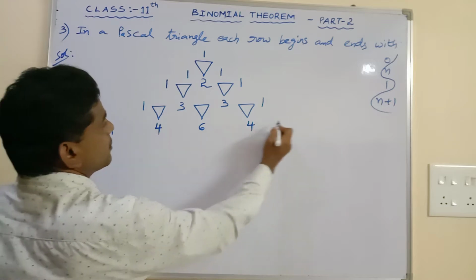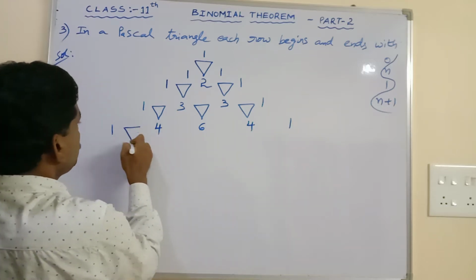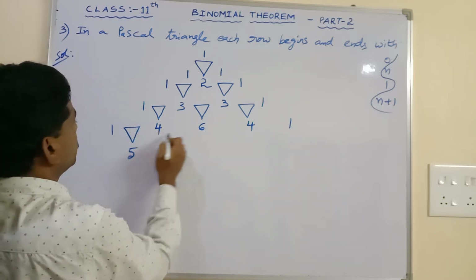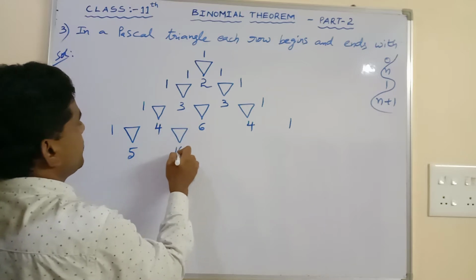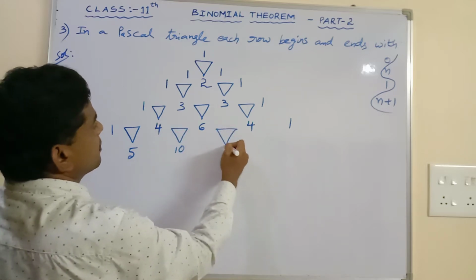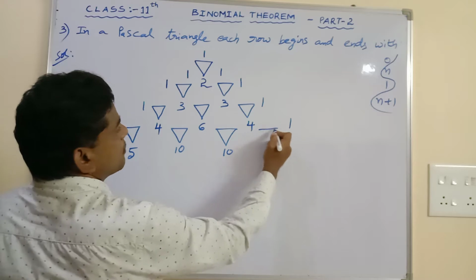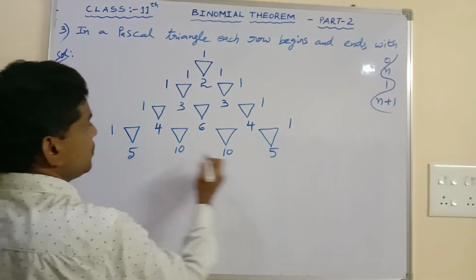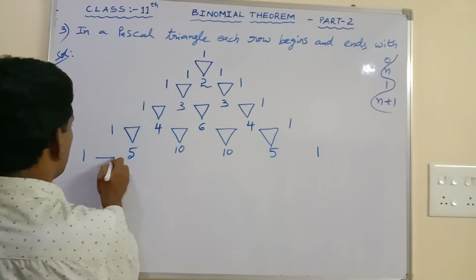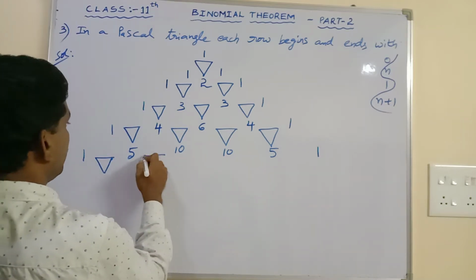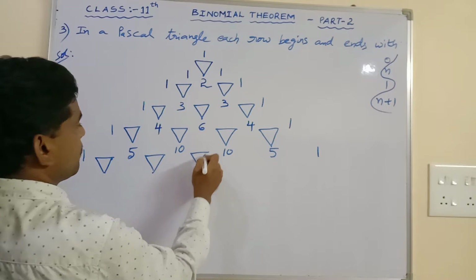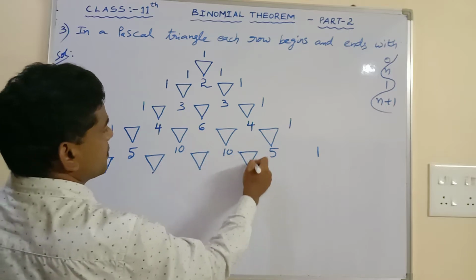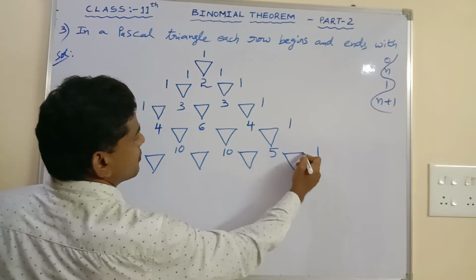So I continue this process. 1 plus 4, 5. 4 plus 6, 10. 6 plus 4, 10. 4 plus 1, 5. So continue this process. 1 plus 5, 6. 5 plus 10, 15. 10 plus 10, 20. 10 plus 5, 15. And 5 plus 1, 6.